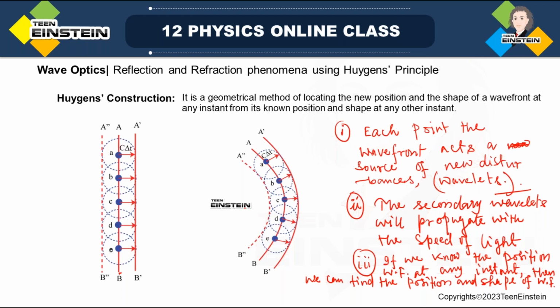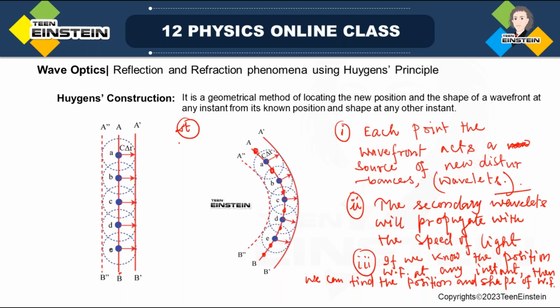Now according to Huygens' principle, each point will act as a source of secondary wavelets. That means it will produce secondary wavelets, and as we know, point sources produce spherical wavefronts. Suppose we want to know the position and shape of the wavefront at any later instant delta t.